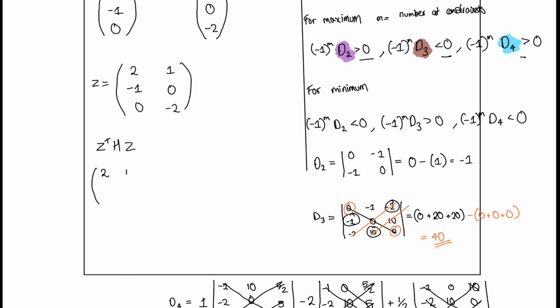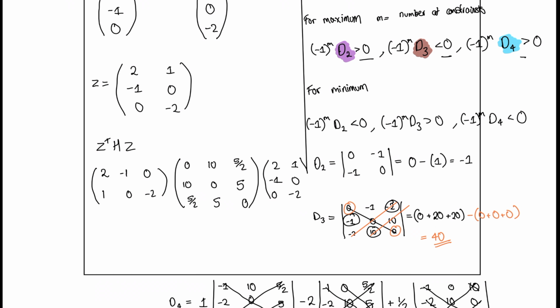When I do that, I have 2, minus 1, 0, and then 1, 0, minus 2, and then the Hessian, which was 0, 10, 5 over 2, 10, 0, 5, and 5 over 2, 5, 0, and then 2, 1, minus 1, 0, 0, minus 2.